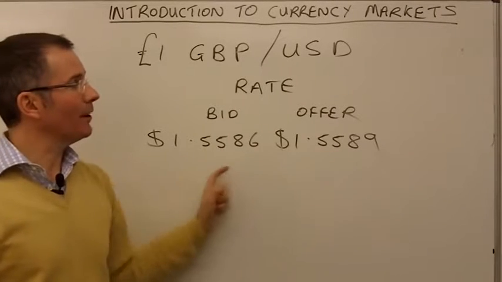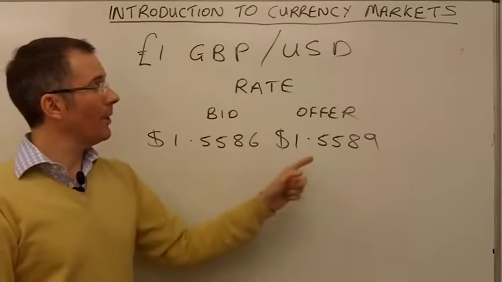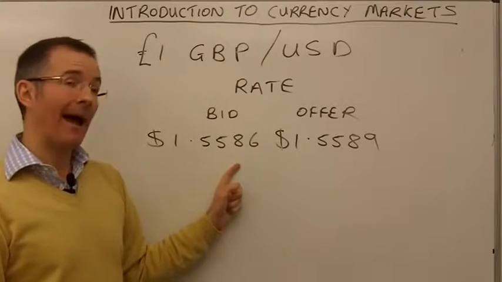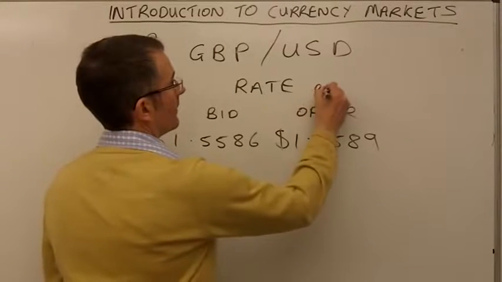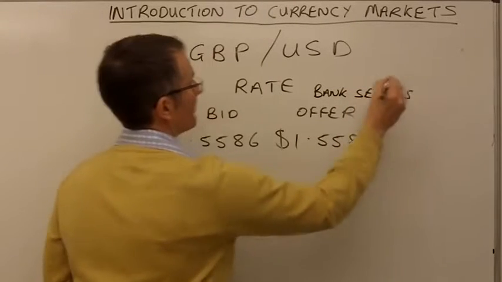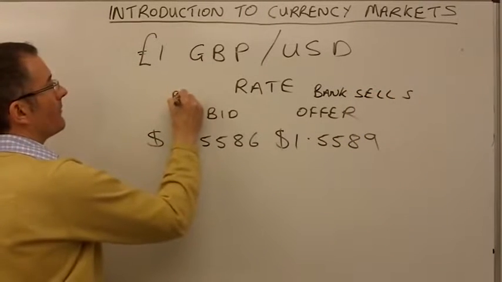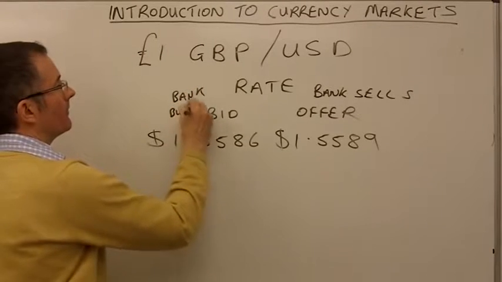Imagine this is the bank and you've just gone in on holiday. This works in the foreign currency markets too. Whose rates are these? They're the bank's. So, in other words, that's the rate at which the bank sells, and this is the rate at which the bank buys.